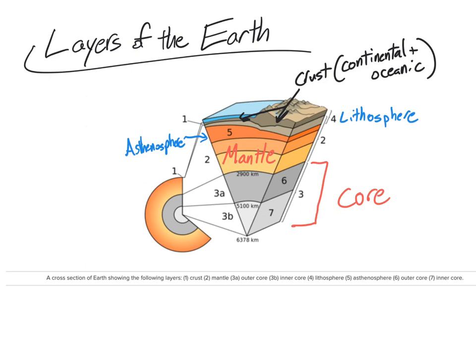But those are terms that are determined by the composition of the actual rocks themselves, or really the magma inside when you're talking about a place like the mantle. But you'll see some names like the asthenosphere and the lithosphere thrown out there as well. The lithosphere and the asthenosphere are distinctions made on the layers of the Earth based on what are called mechanical properties.